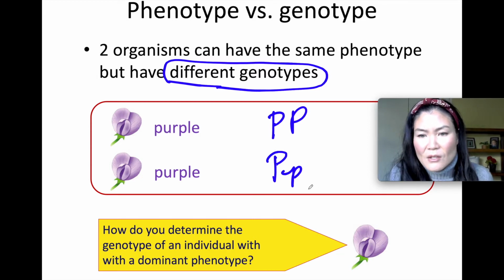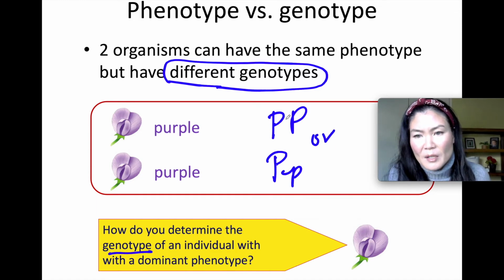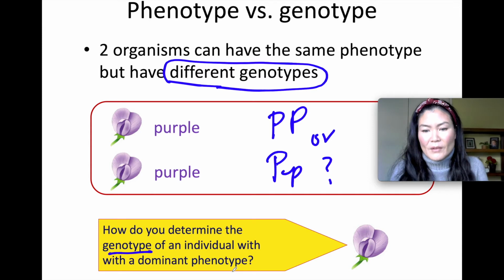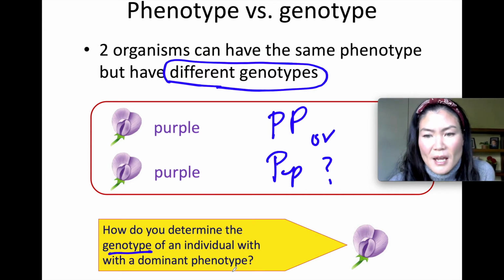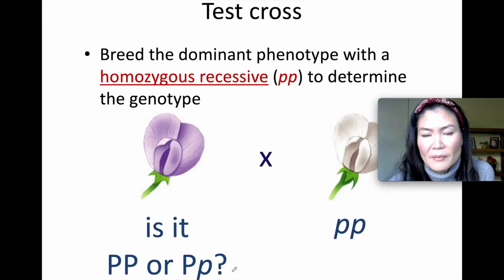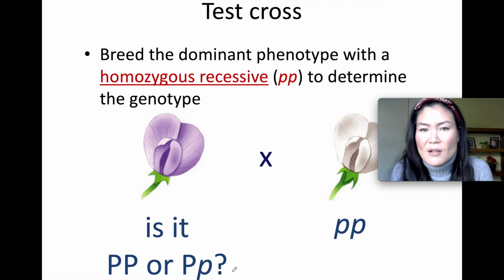So when we look at these purple plants, how can we determine the genotype? Is it big P, big P, or is it big P, little p? How do you determine the genotype of an individual with the dominant phenotype? There is something called a test cross. A test cross is where you breed the dominant phenotype with the homozygous recessive to determine the genotype.